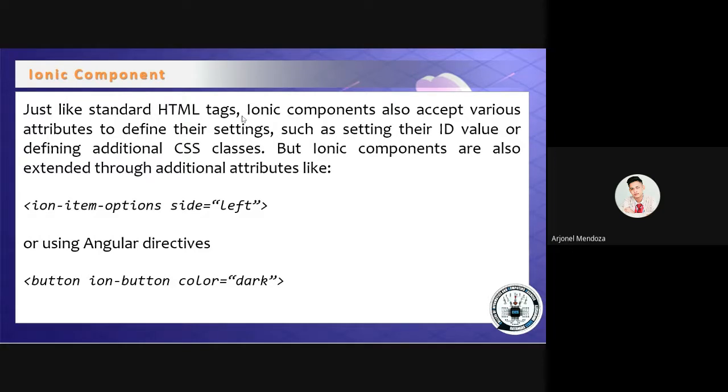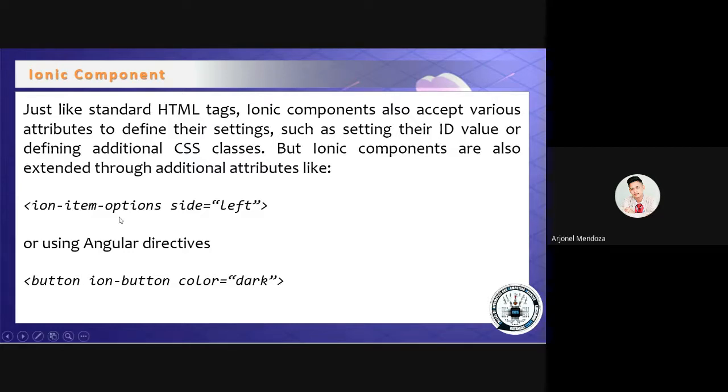Just like standard HTML tags, Ionic components also accept various attributes to define their settings, such as setting their ID value or defining additional CSS classes. But Ionic components are also extended through additional attributes like ion-item-options side left. Kumbaga, within that line of code, you can add, sa CSS, ang tawag natin ay inline CSS, or within the line of code, nilalagay na natin yung styling natin for that specific component.